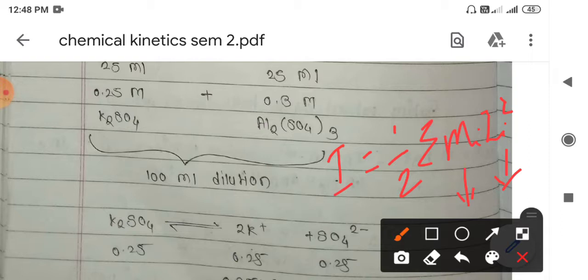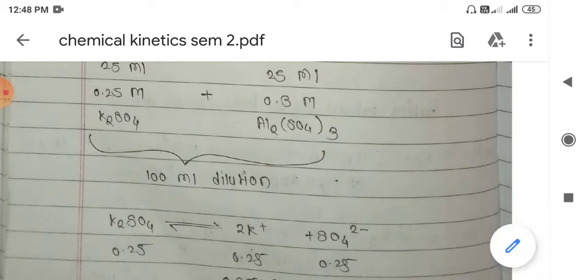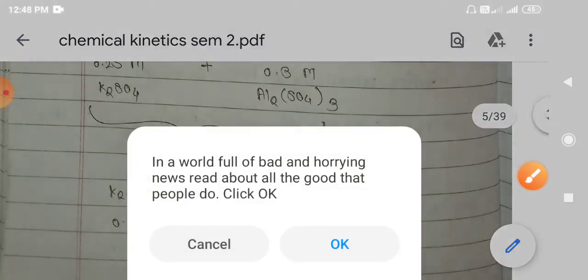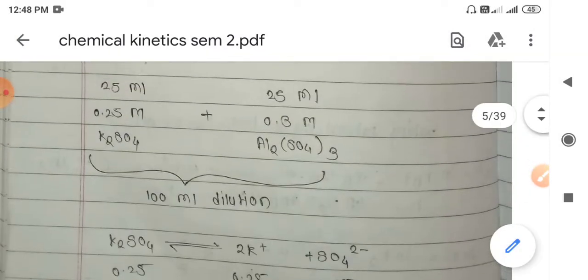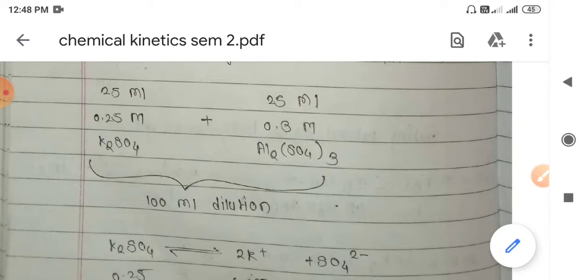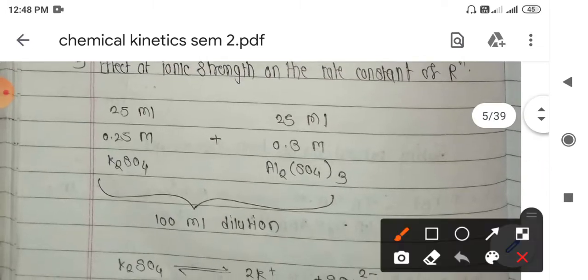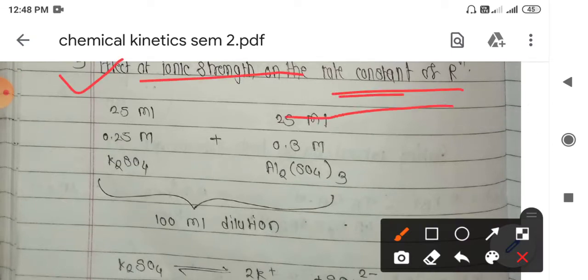Depending upon the various types of ions, univalent, bivalent, trivalent, the ionic strength of a given solution will vary. So we have to find the overall ionic strength of a given solution, and at this point we will see the effect of ionic strength on the rate constant of a given reaction. How will the ionic strength of a solution affect this rate constant?